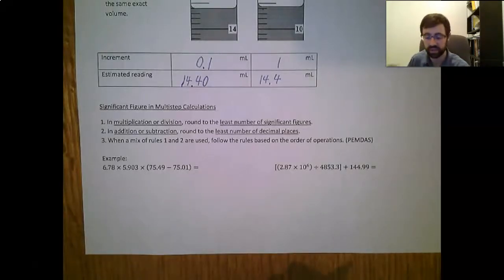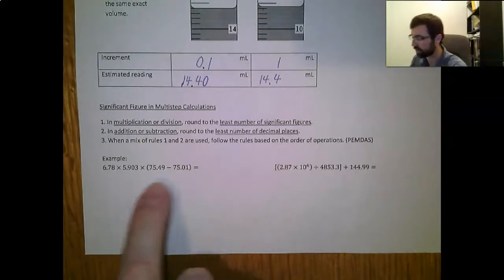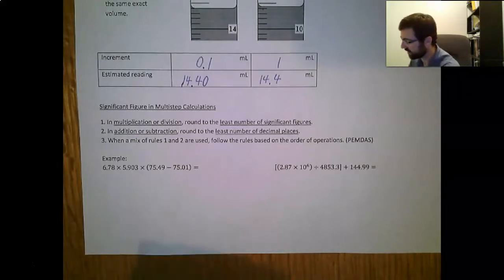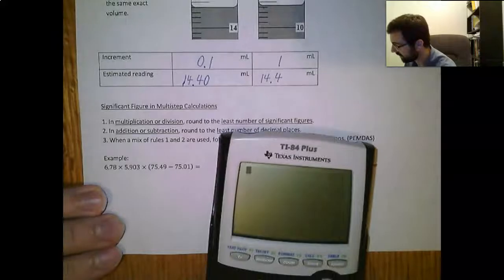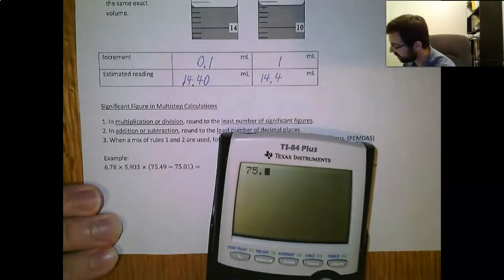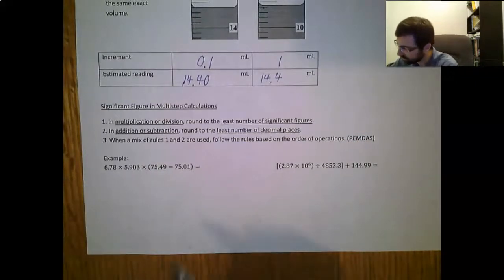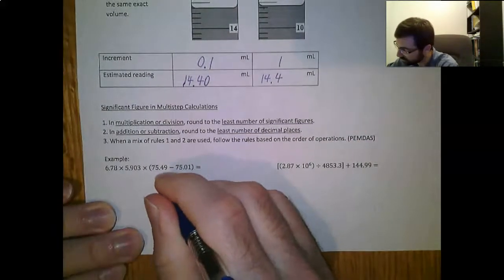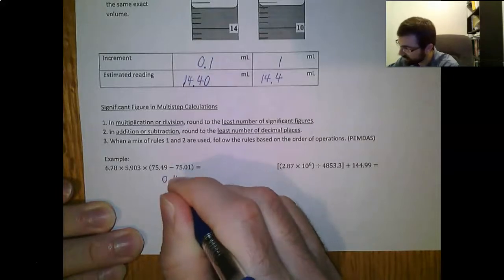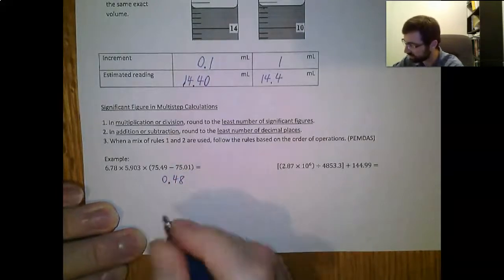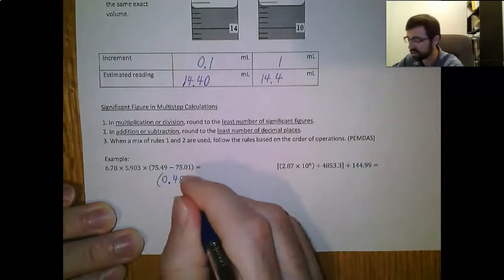And I need to follow the sig fig rules for that. So I need to subtract those numbers. I need to go 75.49 minus 75.01 to get 0.48. That's what's in the parentheses. So I just solved for that.